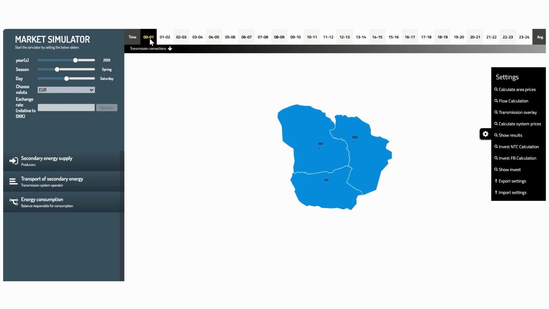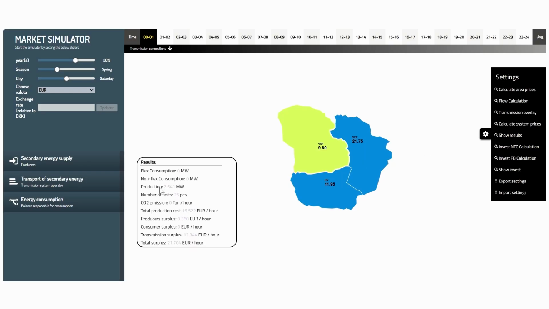So we start here with P1, and I make a calculation clicking on these 3 areas, make a flow-based calculation, and here you have the marginal prices in the 3 areas. I will save these values here, and then I will also save the values here for the total production. This is the production in V1, and this here is the transmission surplus here.